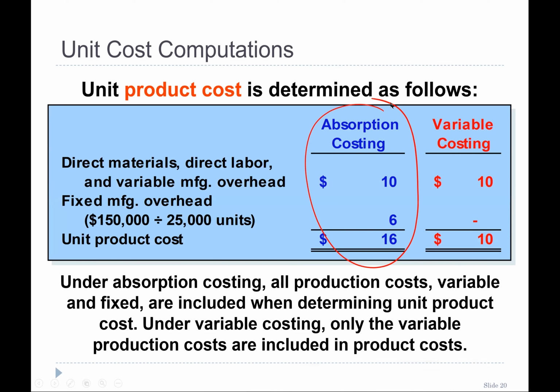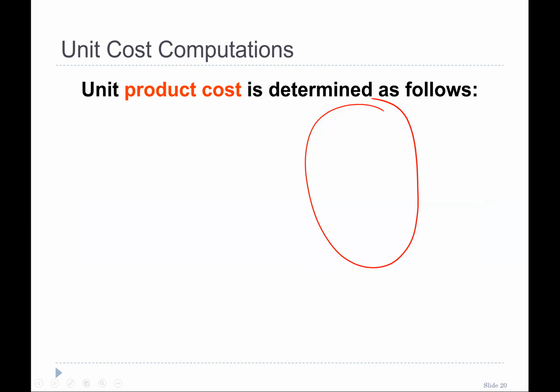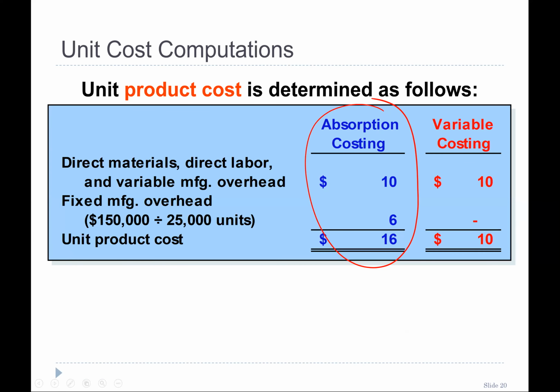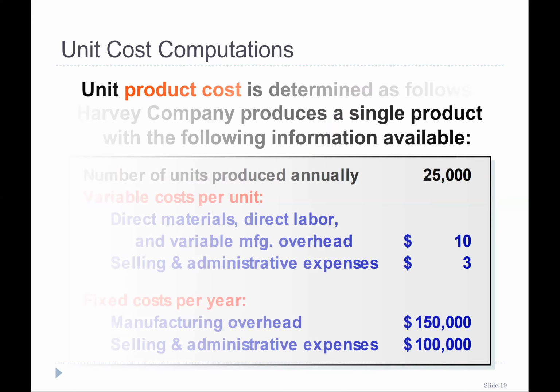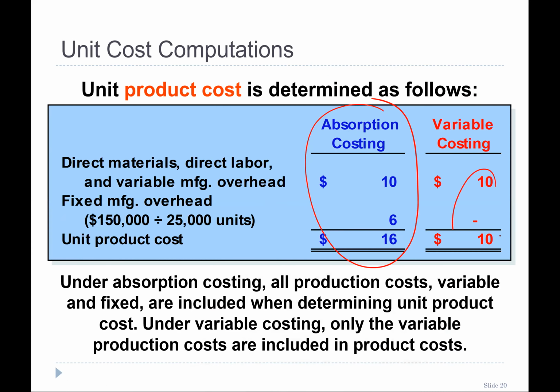And what is our variable costing? Because variable costing only includes the variable manufacturing overhead. So variable manufacturing overhead is included here. So 10 is the variable cost per unit. Right?